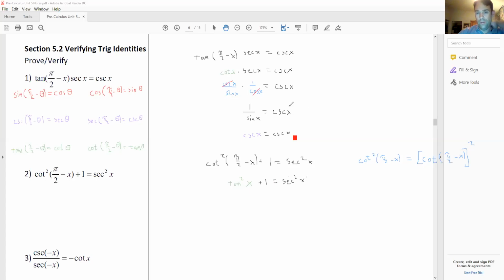And friends, this right here isn't too bad at all, because this is one of our Pythagorean identities, if I could actually write it correctly. Tangent squared x plus 1 equals secant squared x. And again, that's what we looked at with our Pythagorean identities yesterday.